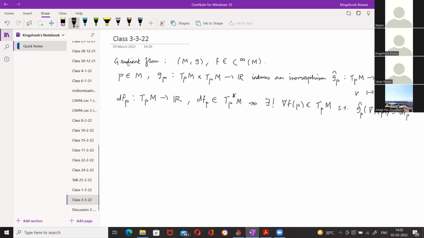What it satisfies is that df_p(v) is equal to the inner product of grad f at p with v, for all v in T_pM. That's what it means to be related by the isomorphism ĝ_p. Is this clear? Yes.